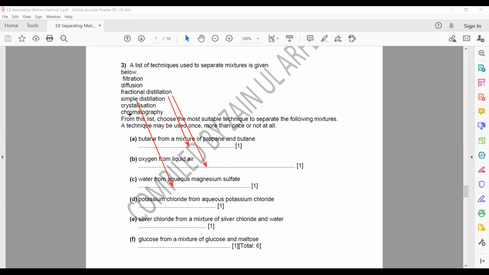Potassium chloride, it's a soluble salt, so we use crystallization. Silver chloride, it's an insoluble salt, so we use filtration. And glucose, amino acids, you can mention crystallization, but the best technique is chromatography to separate them. Is it clear?